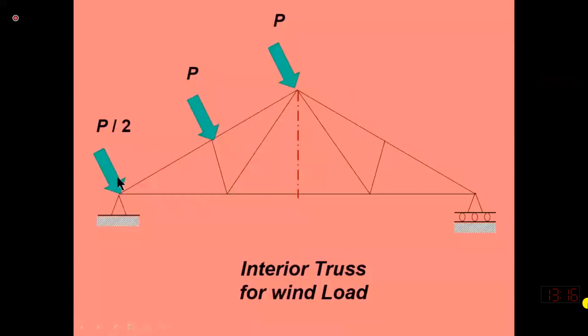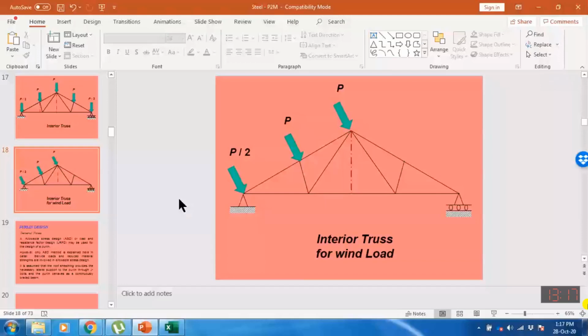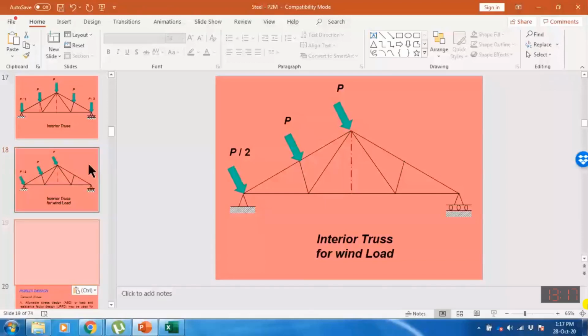It means that due to wind, this edge can slide, and when the wind is blowing from the other side, the forces on the other side may be different because this edge cannot slide and now this edge can slide. So let me compare both cases, and it will give you a better idea. Let me compare these cases just for your understanding.